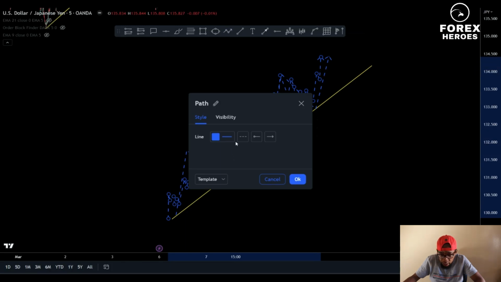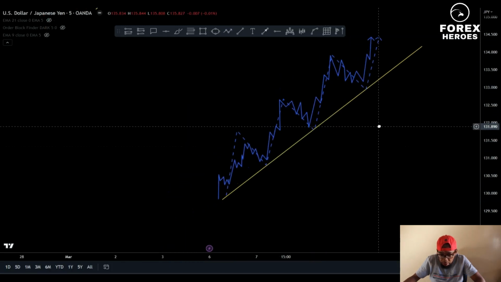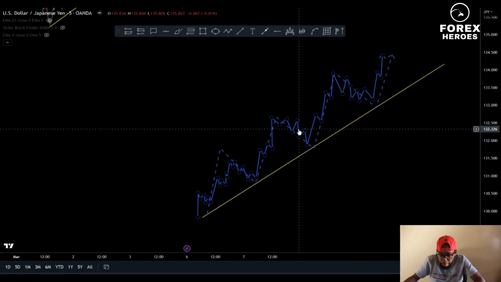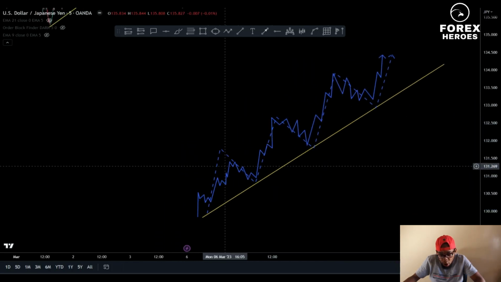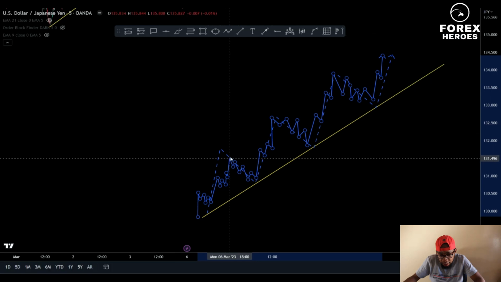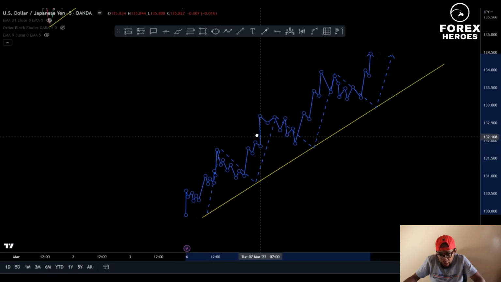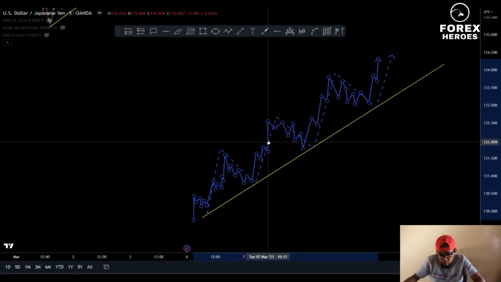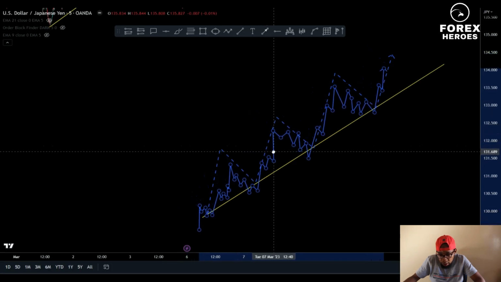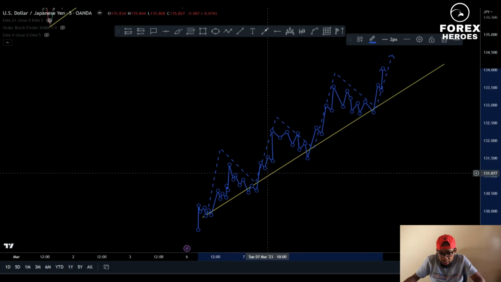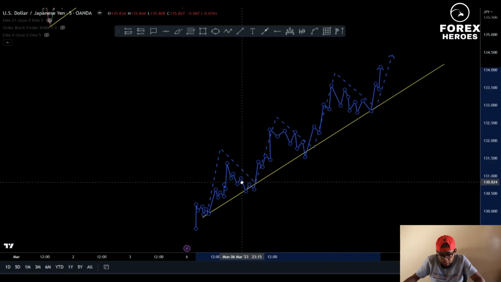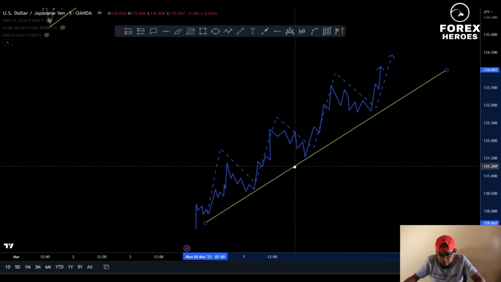This one I'm going to use as a solid line. So can you see all of these lines there? All of them are in an uptrend. So all of this is within the trend line. It will be something like this.